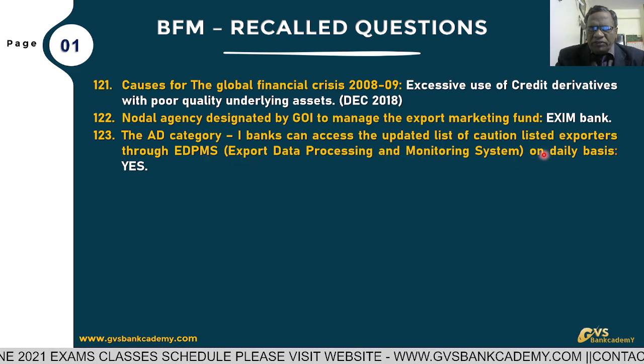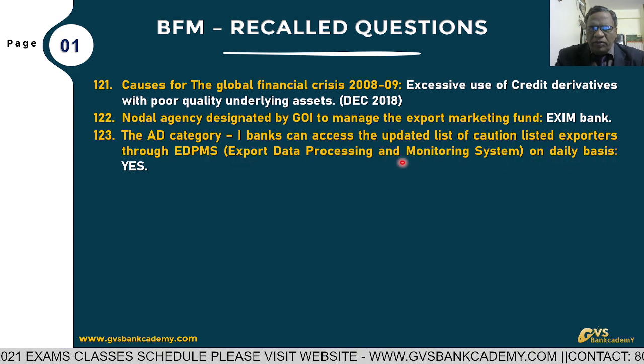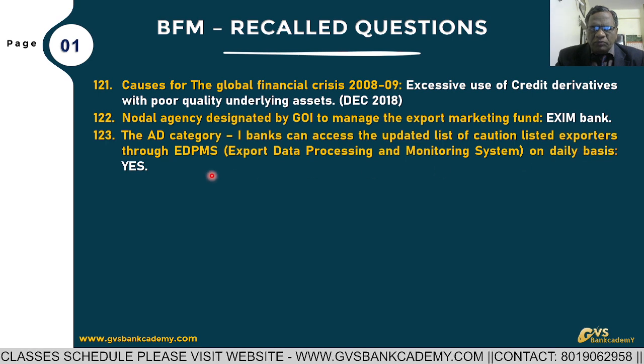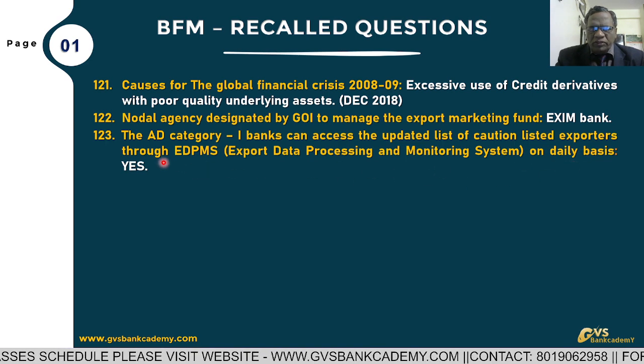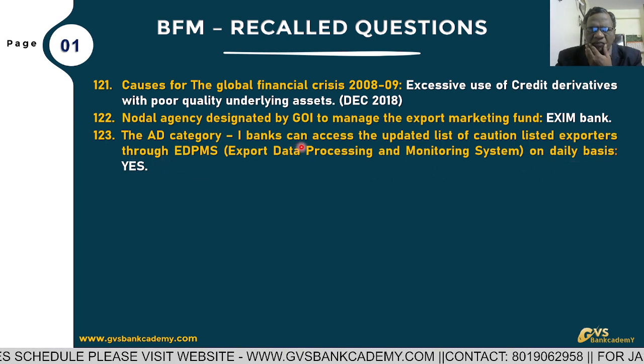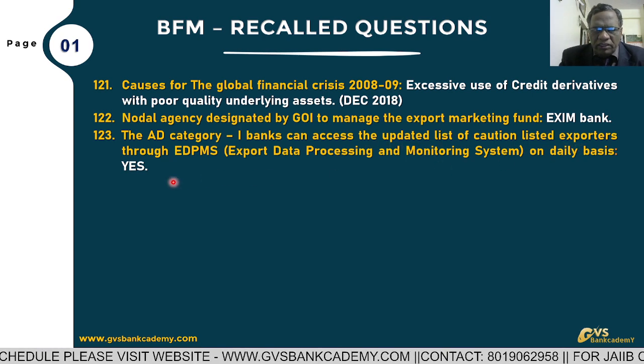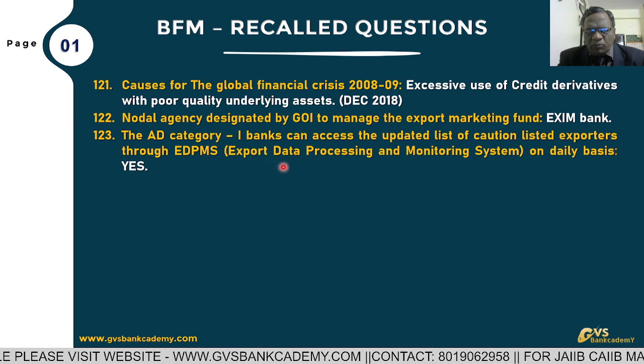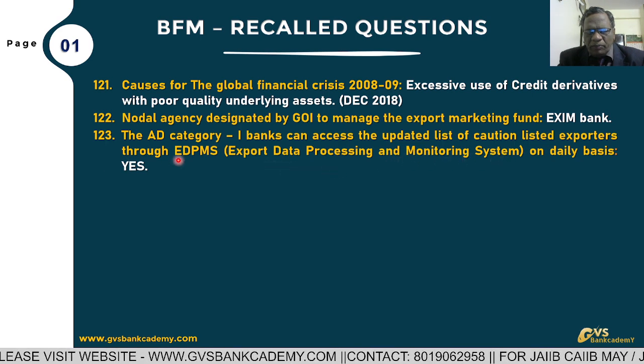Now, after updation, on a daily basis we can view the status of the exporters. Yes, it is permitted on a daily basis. This question was asked whether AD category 1 banks are permitted to view daily. Yes, it is permitted. Sometimes they ask the abbreviation of EDPMS, Export Data Processing and Monitoring System, also.